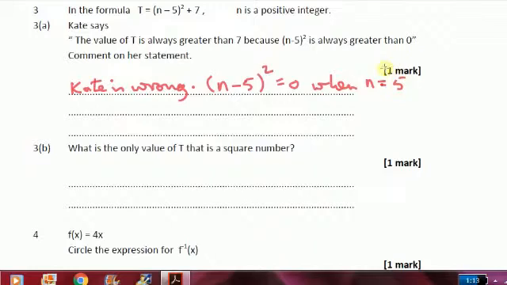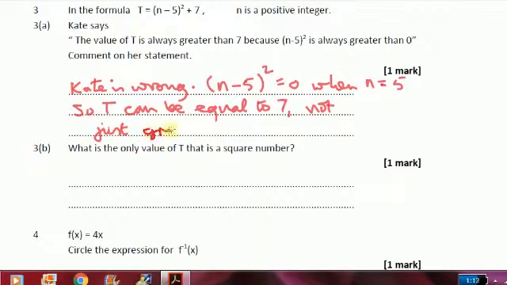And so, if that expression there equals 0, then t can be equal to 7. So t can be equal to 7 in the case when n is 5. So it's not true that what Kate says, she says it's always greater than 7. So it can be greater or it can be equal to.